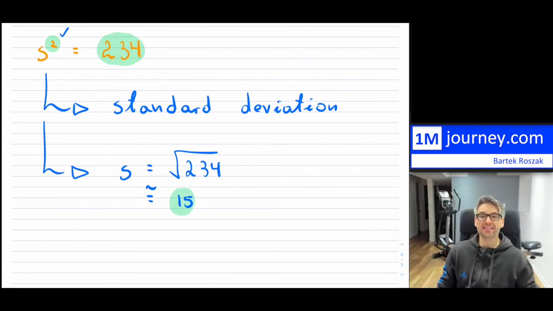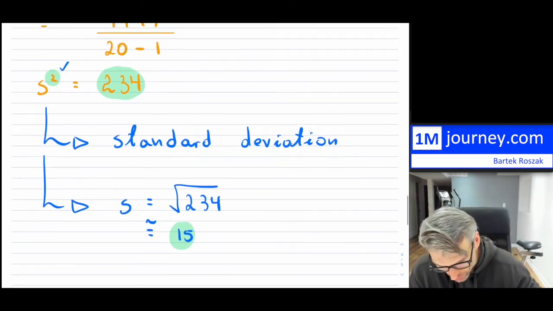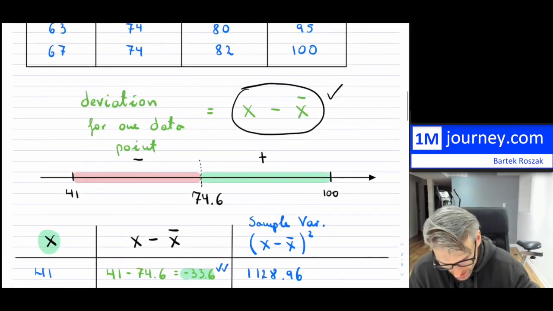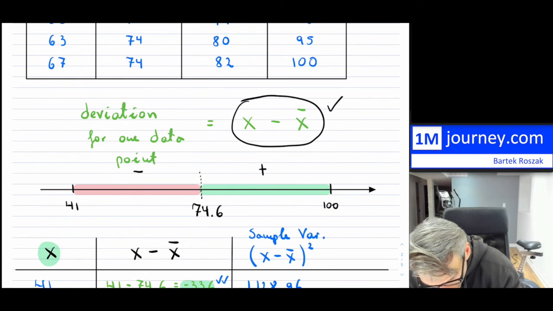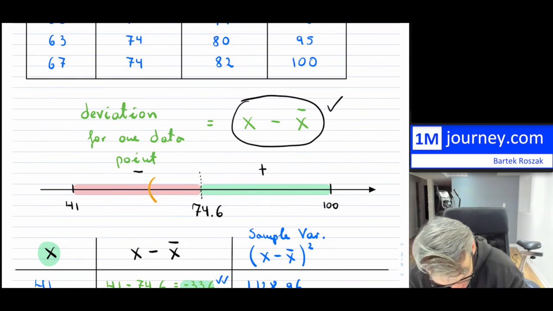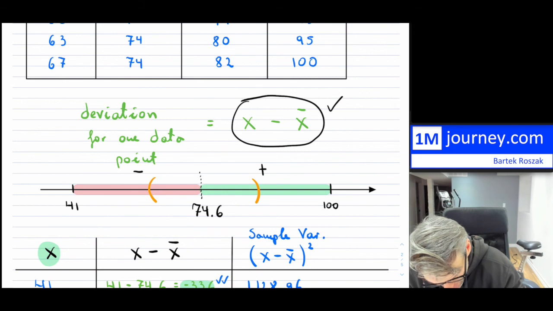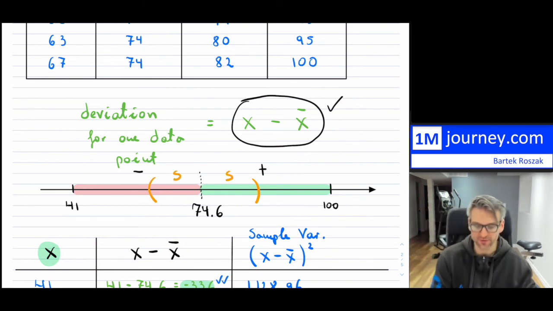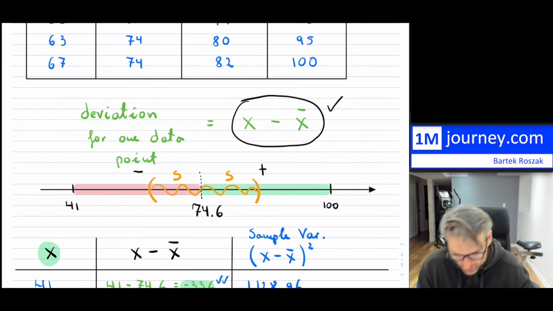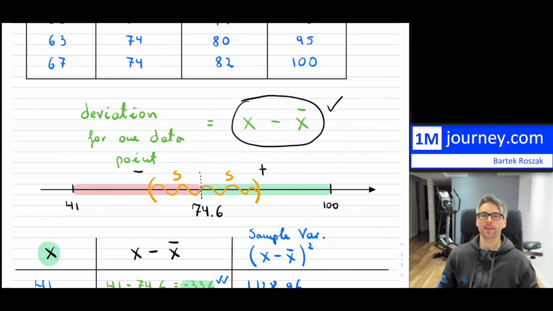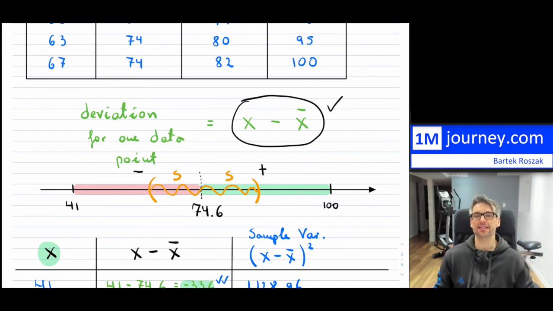When we were drawing out our timeline, let's say here and here, that is S and S, these are my standard deviation. It says that most of the data will fall somewhere in between here, assuming that the data is nicely evenly spread out.